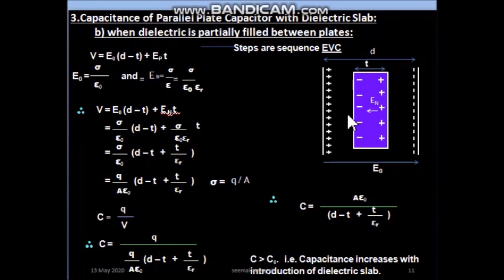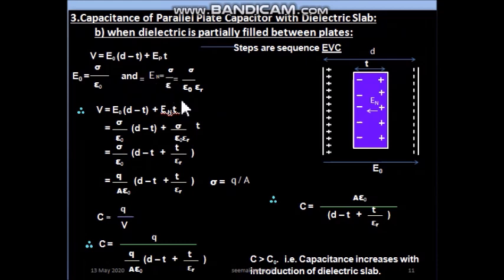So we can write here two types of electric field formulas. First of all, E0 means the electric field in the region other than dielectric, that means here and here. Since here air is filled, the formula of electric field E0 will be sigma upon epsilon 0.